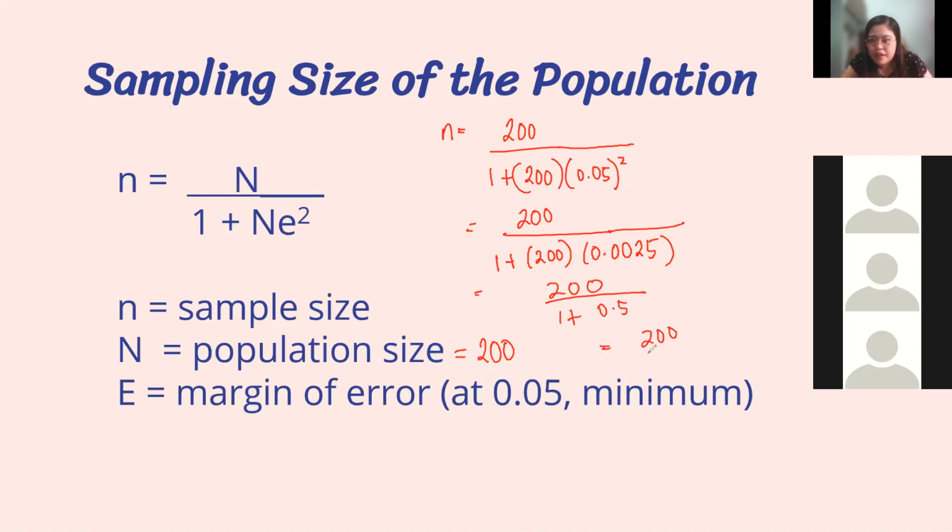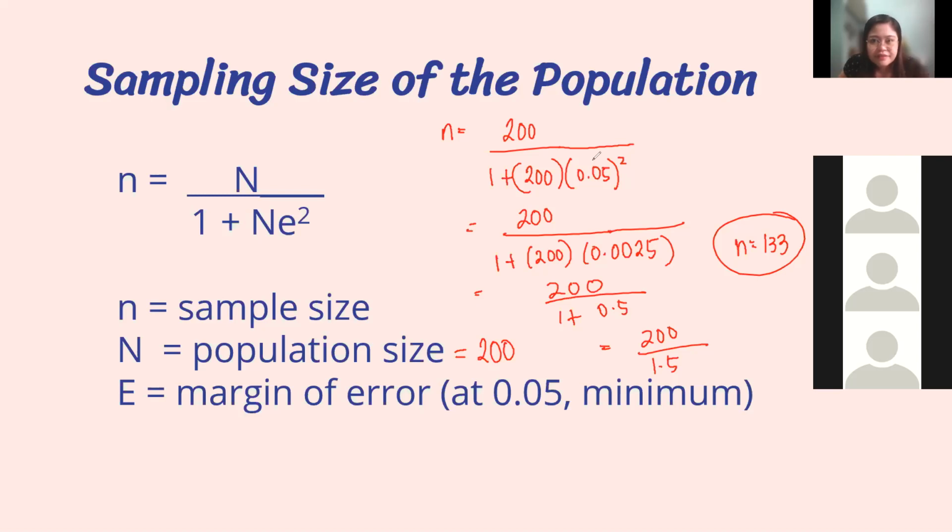So 200 divided by 1.5, your sample size will be 133.33. But remember, you cannot interview or give a questionnaire to 0.33 of a person, so it needs to be rounded off to the nearest whole number.